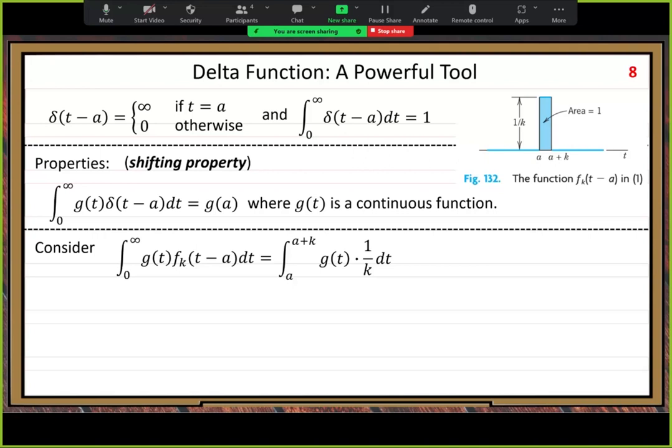Take it out. But then we need to use the continuous property of the g function. G is continuous. Think about a very small, short interval: can we approximate the continuous function value using g of a?